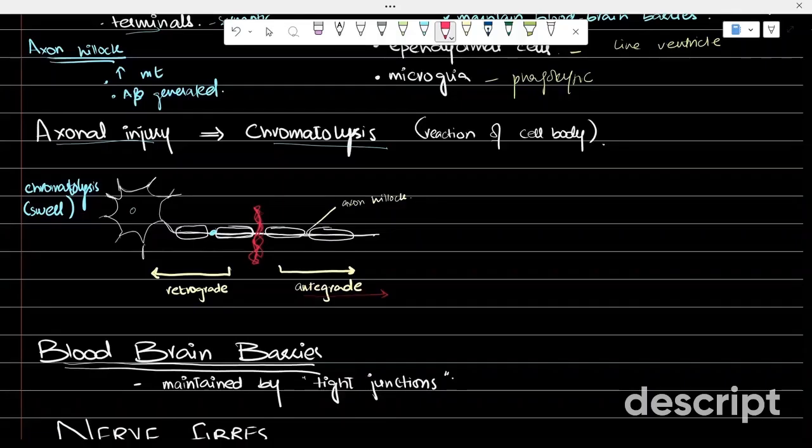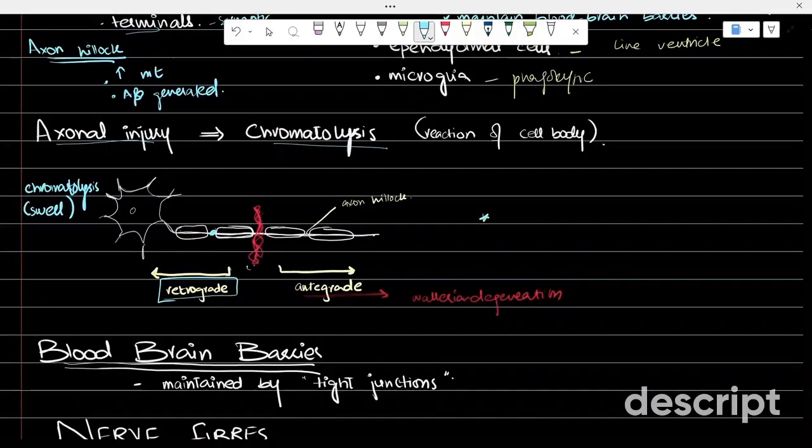After the point of injury, the degeneration will be in the anterograde direction. This is also known as Wallerian degeneration. And in the axon behind the point of injury, the degeneration will happen towards the cell, which will be in the retrograde direction. After which it will be regenerated from the cell body.